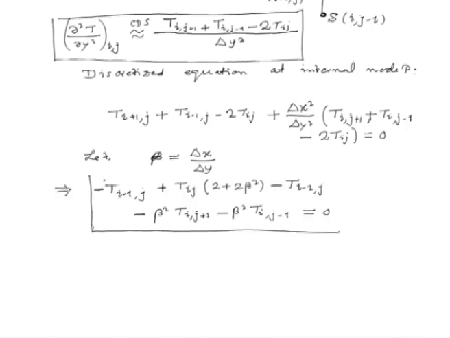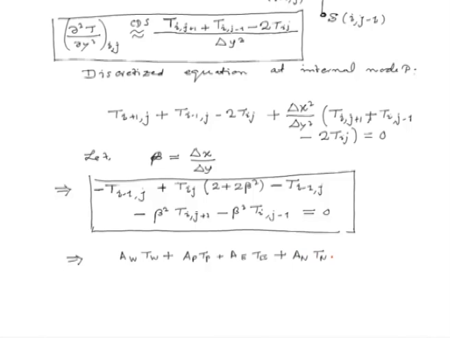So, this can be easily recast in our generic form, that is, A w T w plus A p T p plus A e T e plus A n T n plus A s T s is equal to q p.